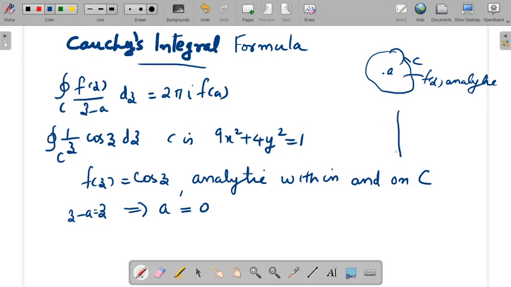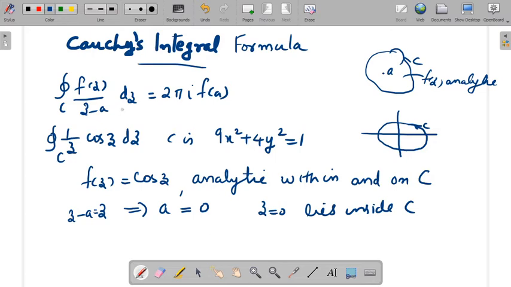C is given to be an ellipse 9x square plus 4y square equal to 1. So x square by a square plus y square by b square equal to 1 form. We know it takes this shape with origin lying within that curve, or within the ellipse. So a equal to 0, so z is equal to 0 lies inside C. It is a point inside C. അപ്പോൾ A എന്ന് പറയുന്ന point സിയുടെ ഉള്ളിലാണ്.